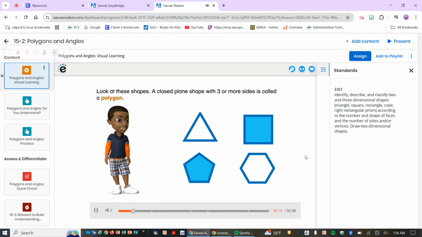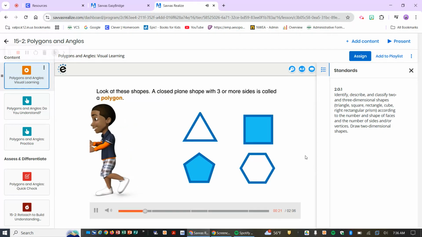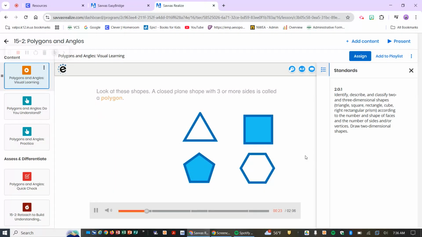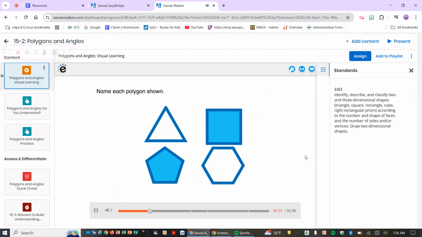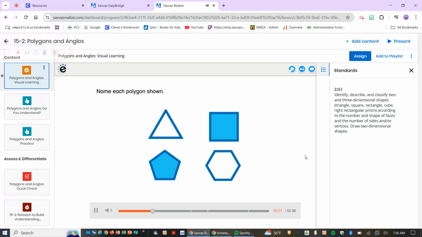Look at these shapes. A closed plane shape with 3 or more sides is called a polygon. You know the names of these polygons. Name each polygon shown. Okay, so these are the shapes or polygons that we worked with on Friday.